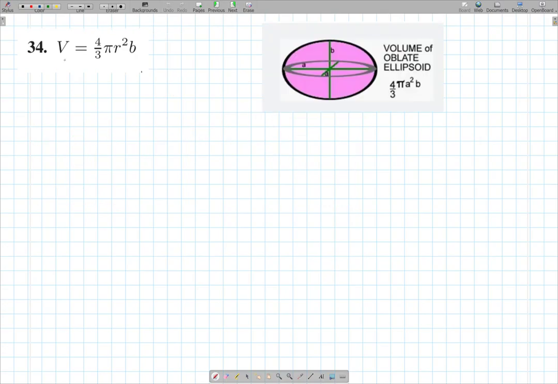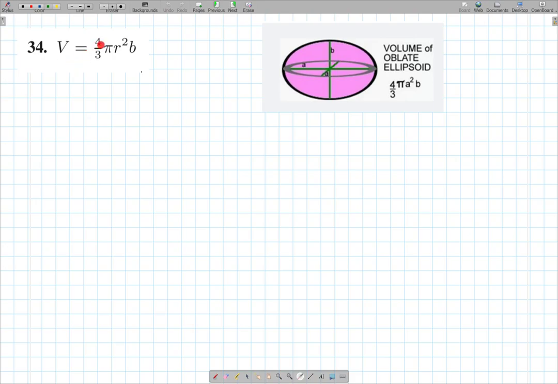Ito, no? Given V equals 4 over 3 pi r square b. Okay. So, actually class, ito is the formula for volume of oblate ellipsoid. This one, no? So, ang V equals 4 over 3.